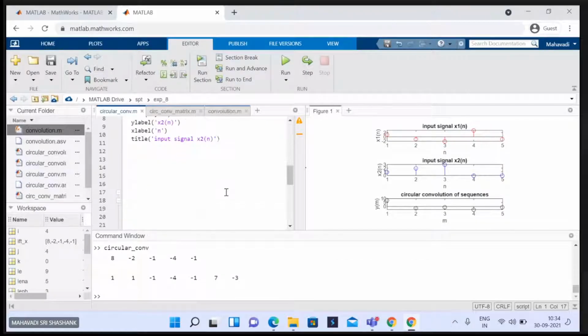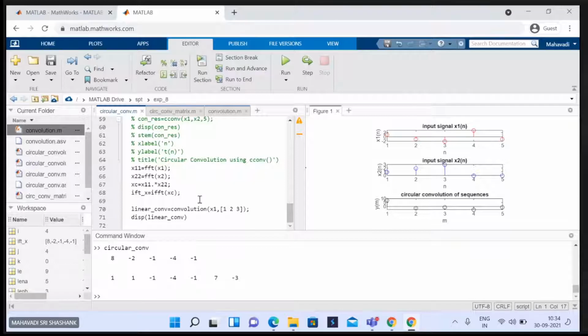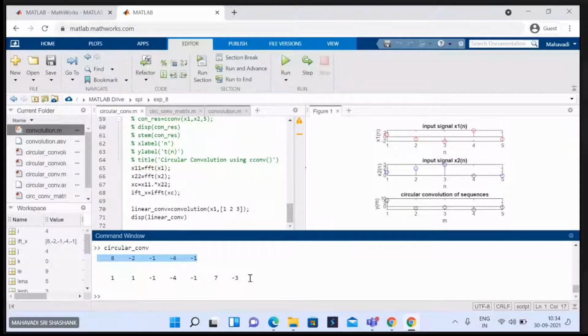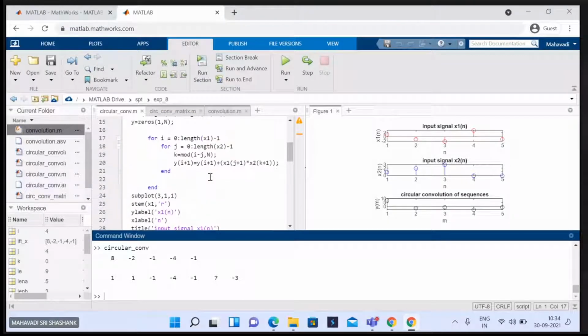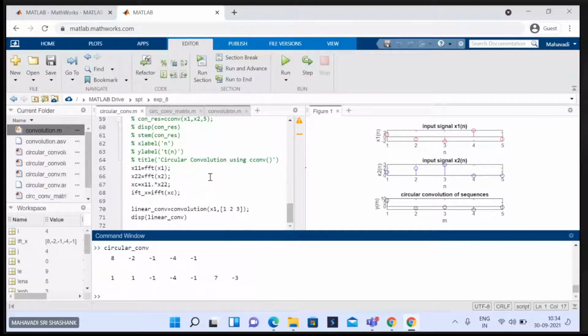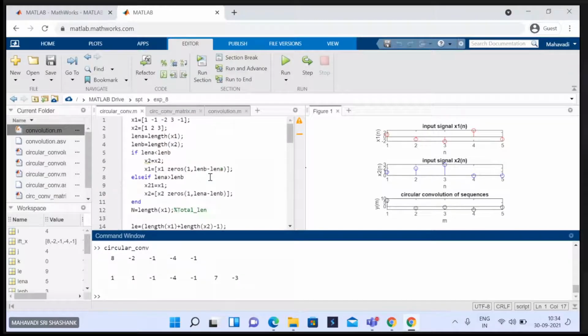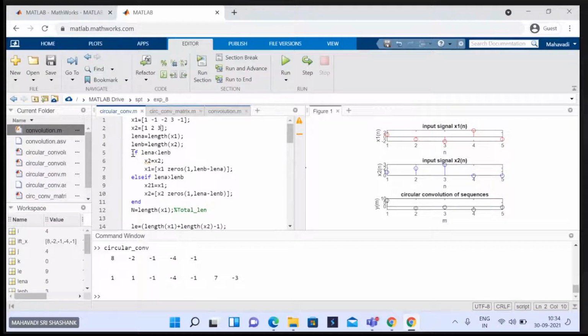This is the result. One displays the circular convolution and the other displays the linear convolution. Okay, good. So now how many zeros do you need to pad? 2 zeros, right? Yes, sir, 2 zeros. And they are automatically padded here, sir.